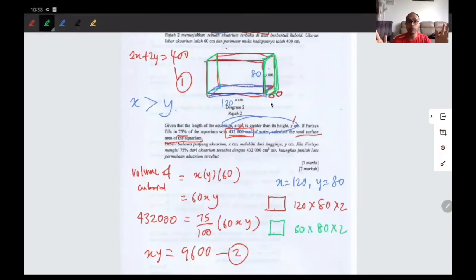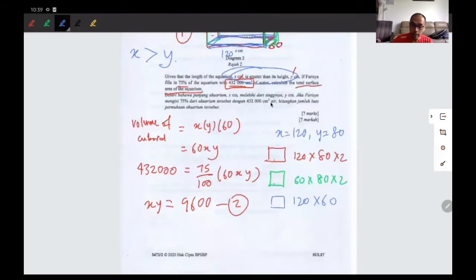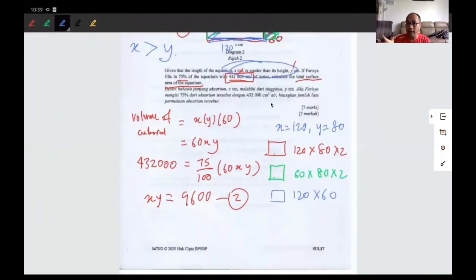So you add both together. Then finally, the blue at the bottom is 120 times 60, and it's only 1. Once you get these three surface areas, you add them all together and you will get 36,000 centimeters squared. So I just give you the final answer.